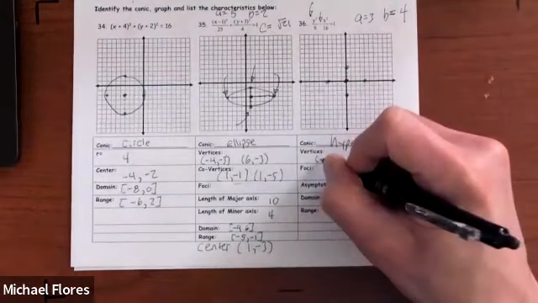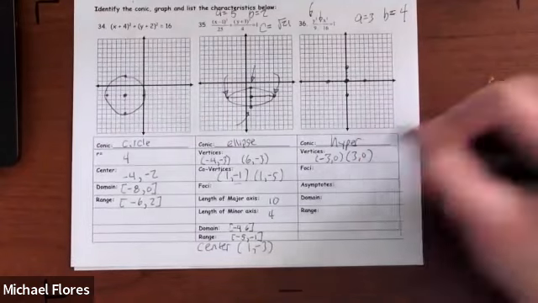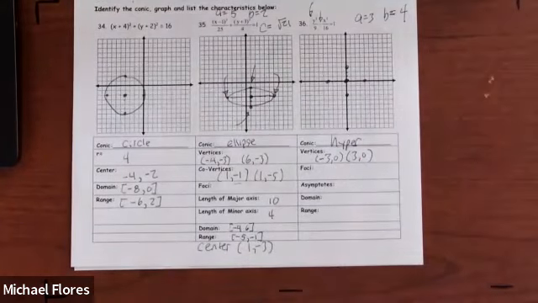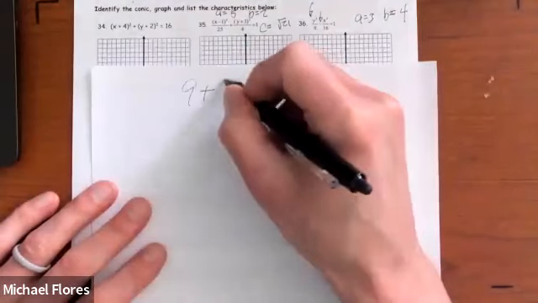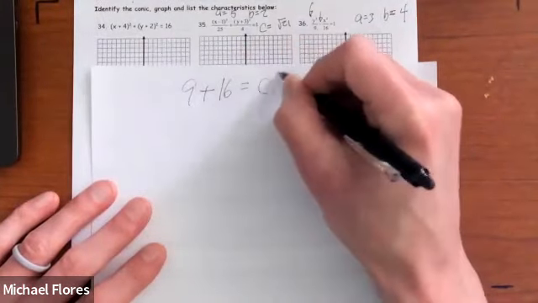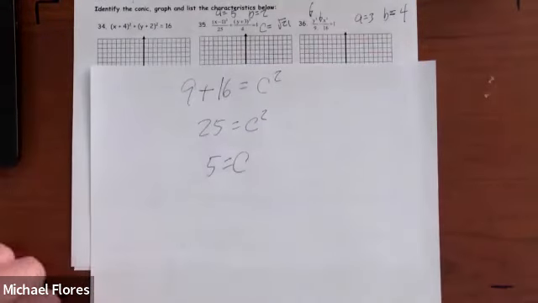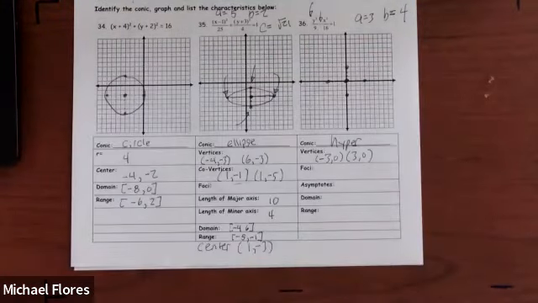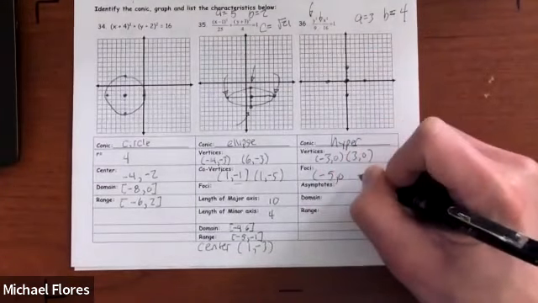To find your foci, it's going to be a squared plus b squared equals c squared. So c is 5.